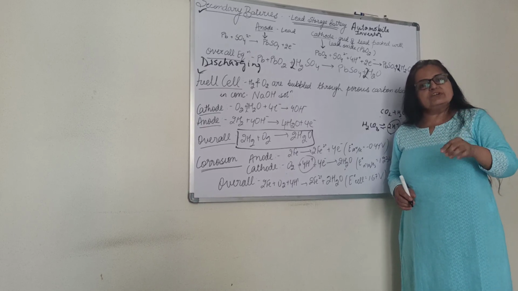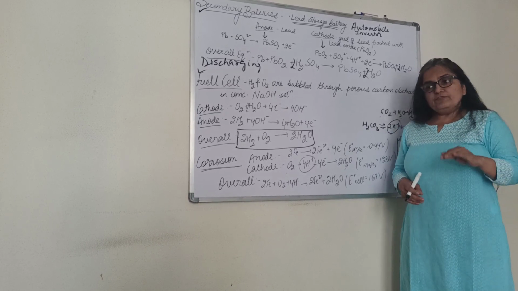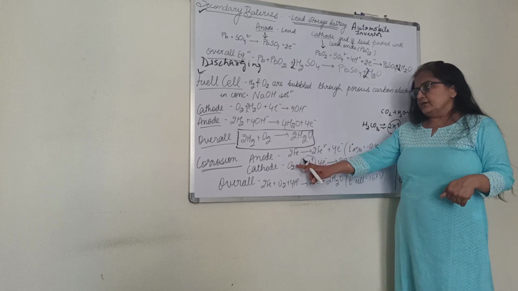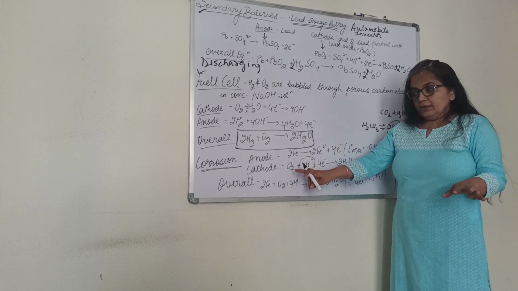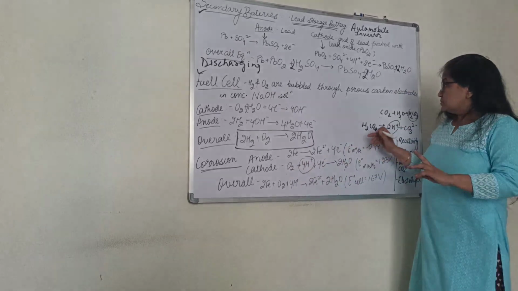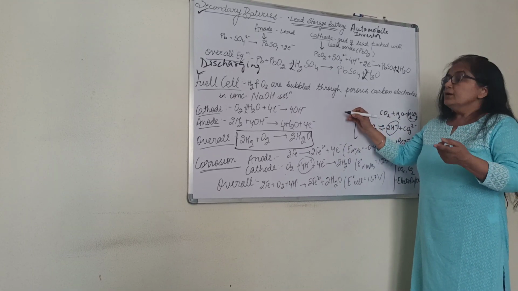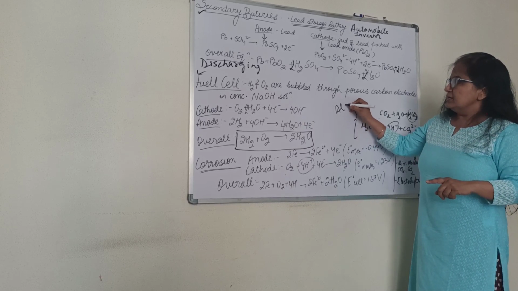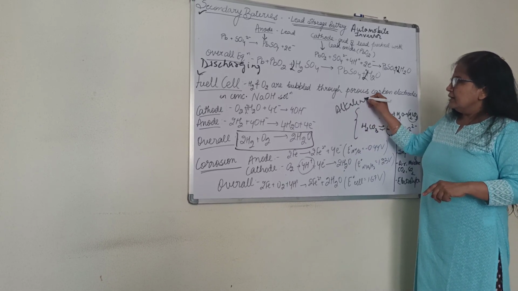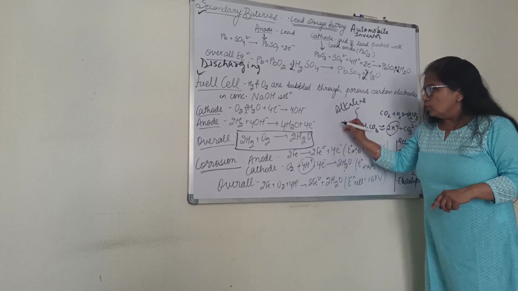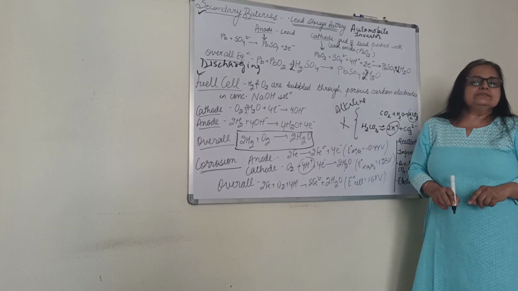Now this H plus is basically carrying out the reduction of oxygen. If H plus concentration is reduced, the reduction of oxygen will not occur. Reducing it means we are trying to make the solution alkaline. So what I want to say is, in alkaline medium the corrosion cannot occur easily.